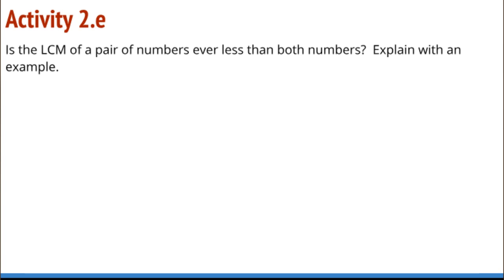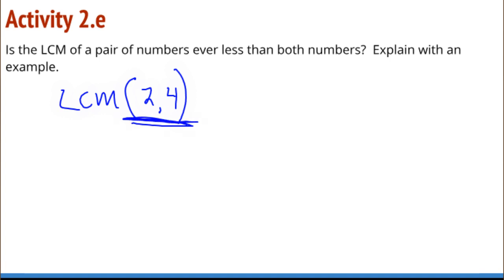Is the least common multiple ever less than both numbers? So if I've got the LCM, the least common multiple of 2 and 4, is it possible to have a least common multiple that is less than both of these? Well, if we stop and think about this for a minute, the answer is obviously no. Because by definition, a multiple is when we have one or more.